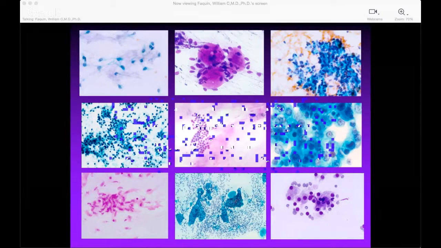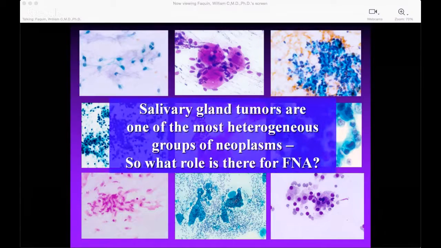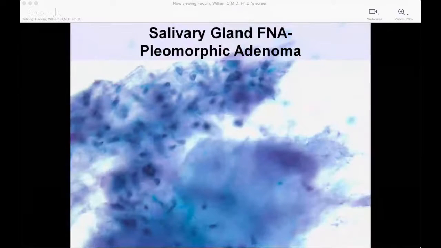So with all of these different kinds of tumors that we can encounter, as well as non-neoplastic lesions, what is the role for salivary gland fine needle aspiration? This is an image of a classical example of a fine needle aspiration of pleomorphic adenoma.